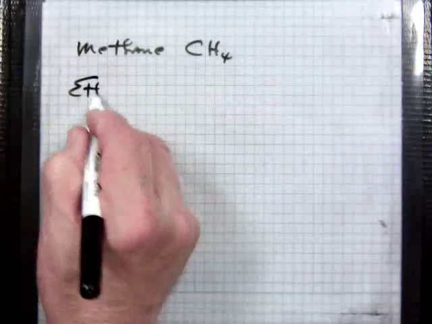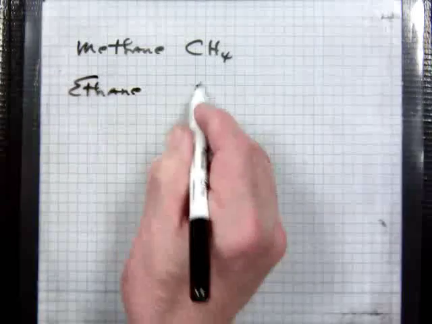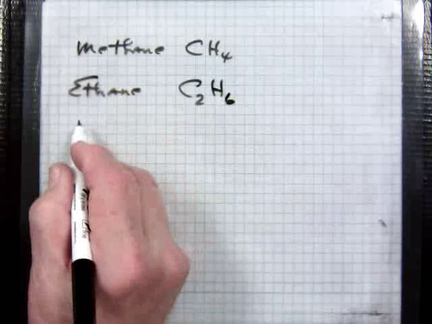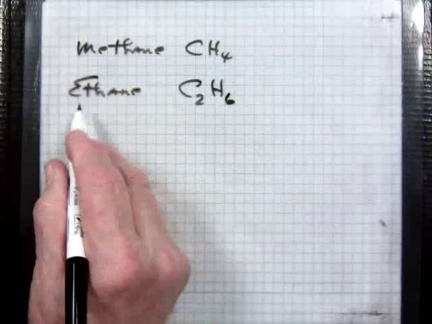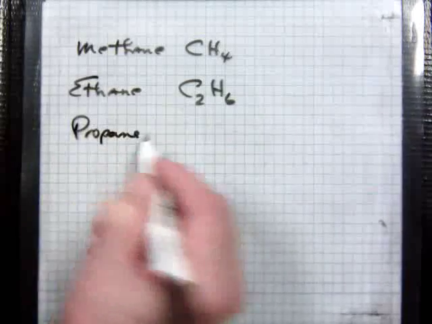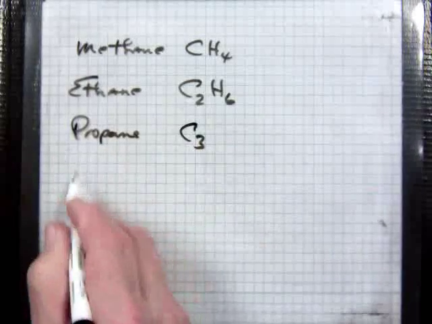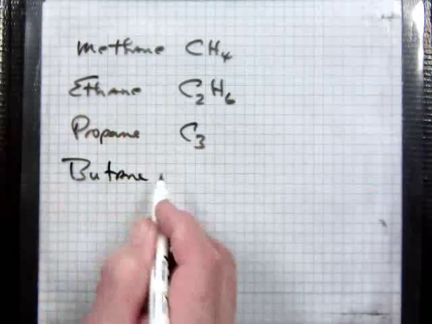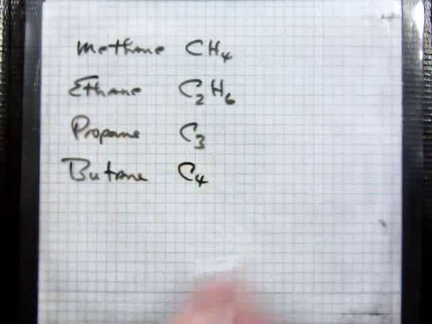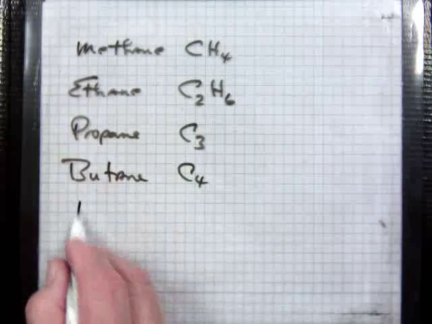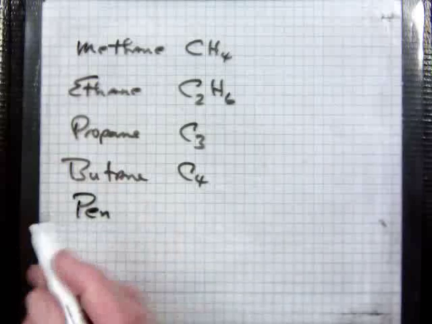Ethane is two carbons. Propane, three carbons. Butane, four carbons. I'll show you how to do the hydrogens in a second. Propane, butane, pentane, and this is where the prefixes start coming in.